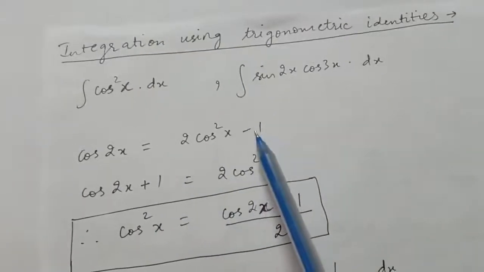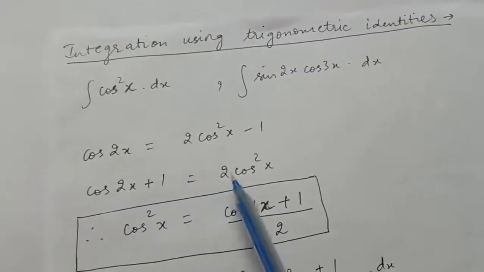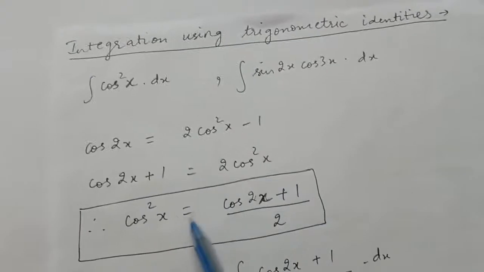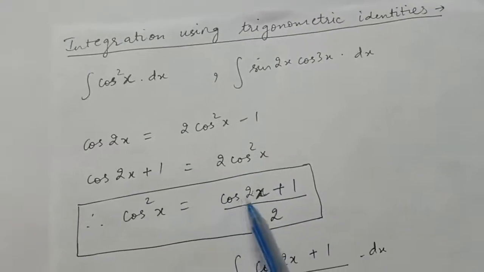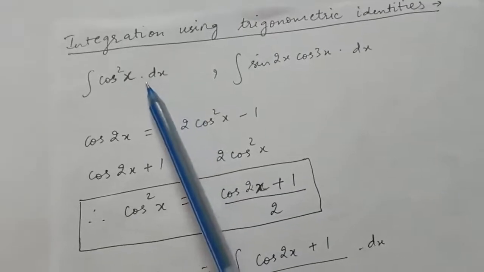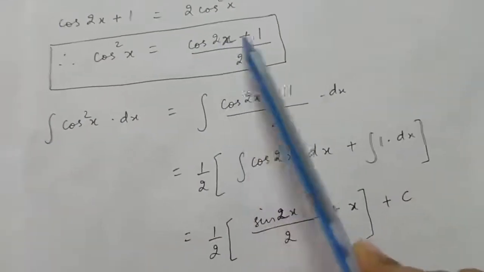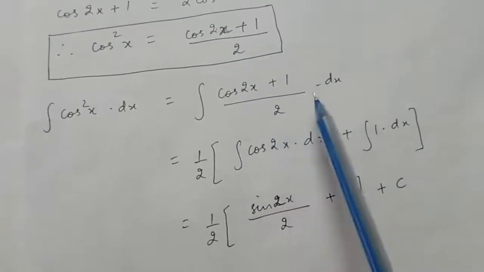Therefore take this one this side. So you will get cos 2x plus 1 is equal to 2 cos square x, and therefore cos square x is equal to cos 2x plus 1 by 2. Now this integral of cos square x can be written as integral of cos 2x plus 1 by 2 into dx.